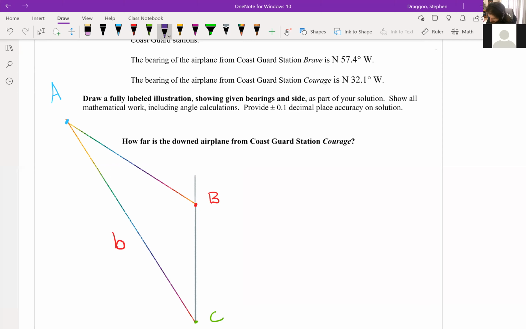If we label the bearings on here, this angle, we saw a moment ago, it's only 57 degrees, but we'll label it as 57.4. And down here, this bearing angle is 32.1 degrees.